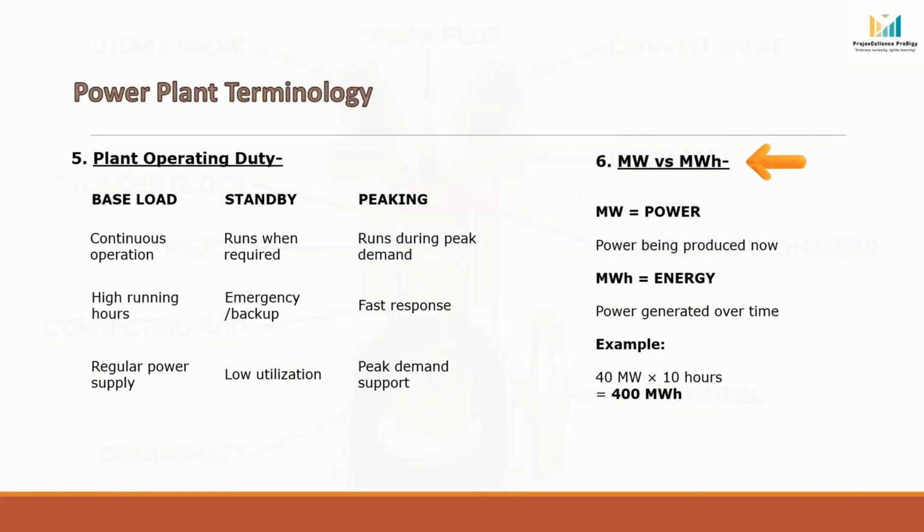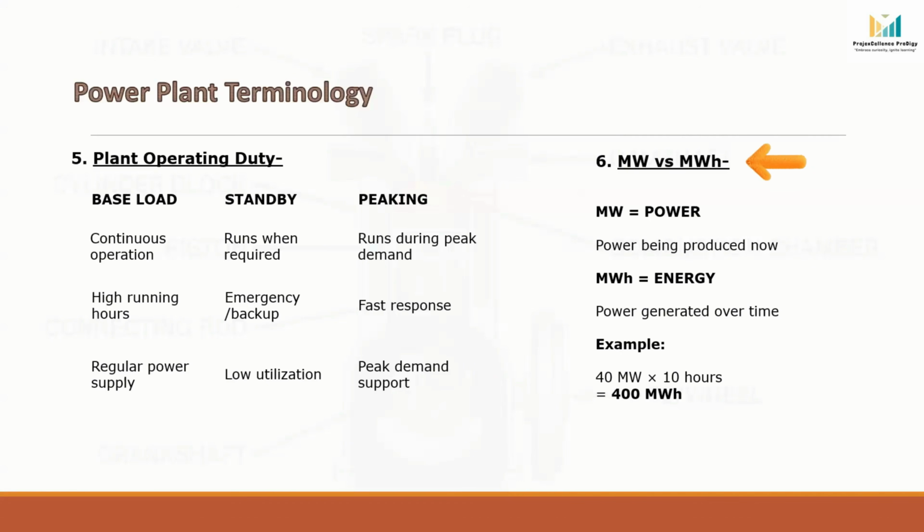Megawatt and megawatt hour, MW versus MWh. This is a very important difference. Megawatt means power. It tells us how much power the plant is producing at the moment. And megawatt hour, MWh, means energy generated over time. 1 megawatt is equal to 1000 kilowatts.